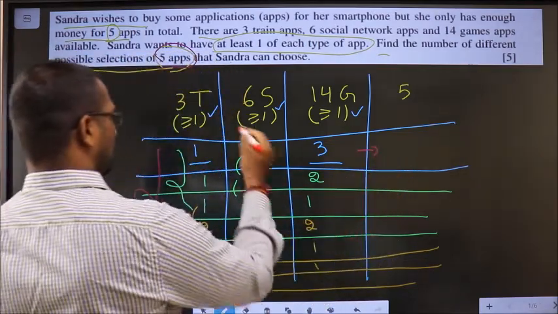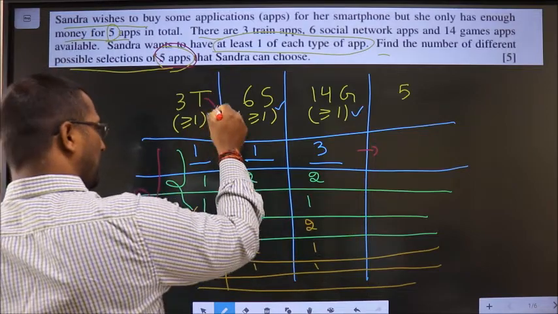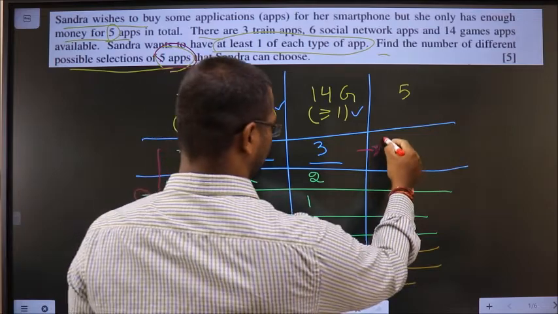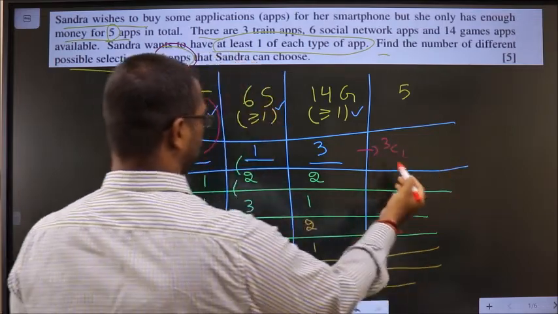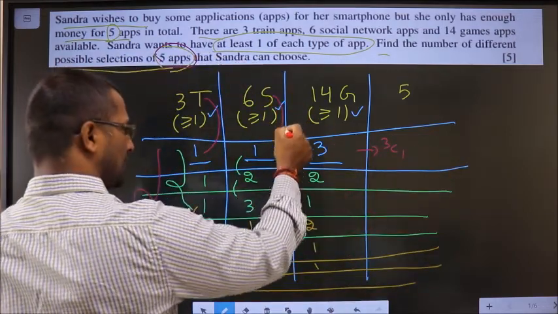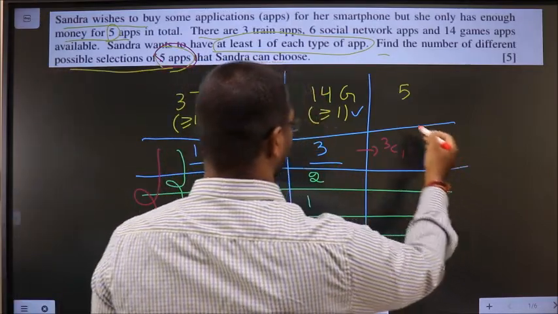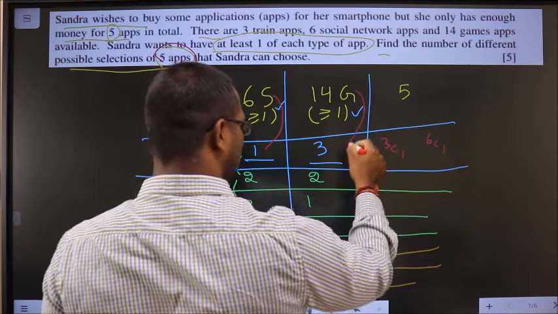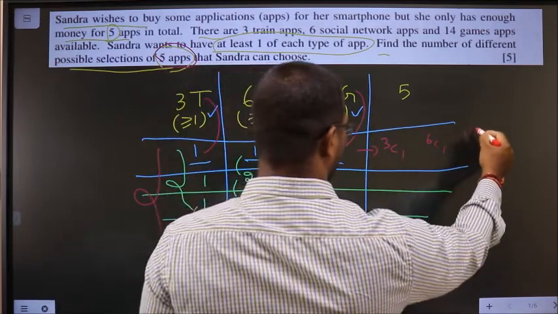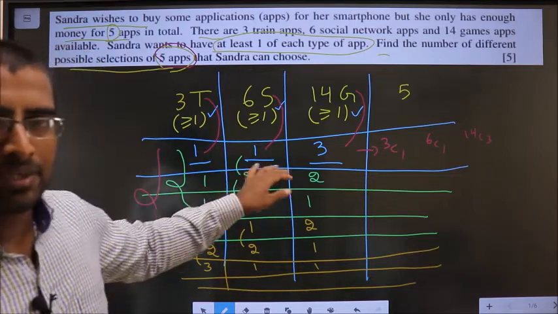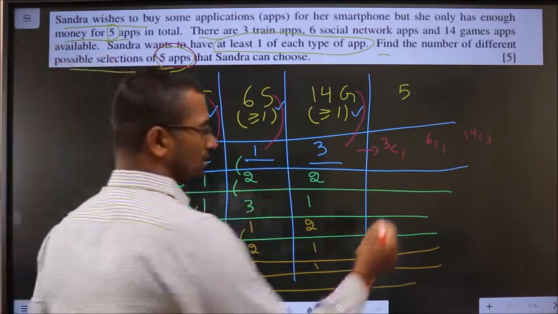For this, from the 3 different apps, she needs to select one that can be done in 3C1 ways. From 6, she needs to select one that can be done in 6C1. From 14, she needs to select 3 that can be done in 14C3. It is "and" between them, so you will put a multiplication sign.